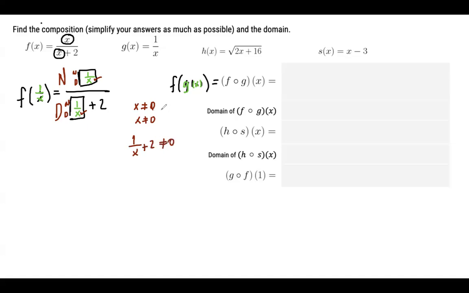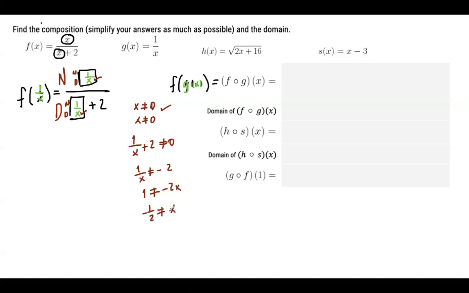So here we already have our first restriction, that's 0. The second one is that 1 over X has to be different than minus 2. So 1 has to be different than minus 2X, and you're going to end up with X different than minus 1/2.